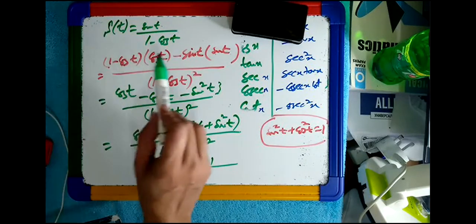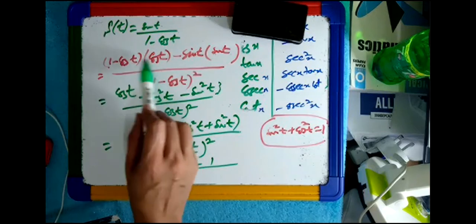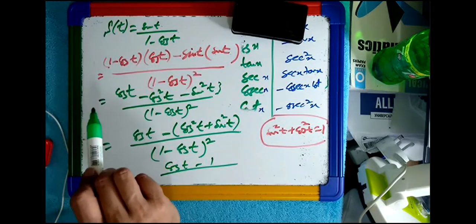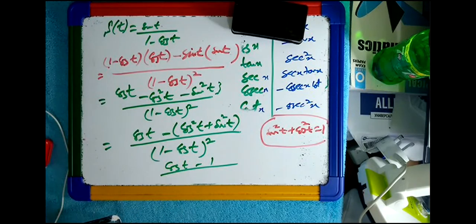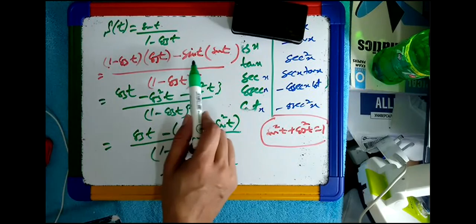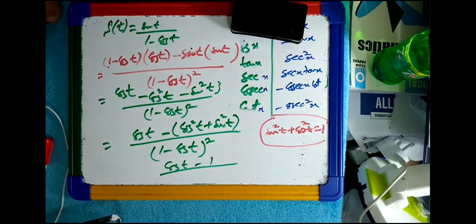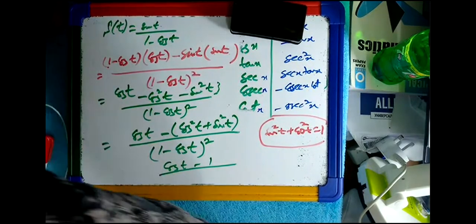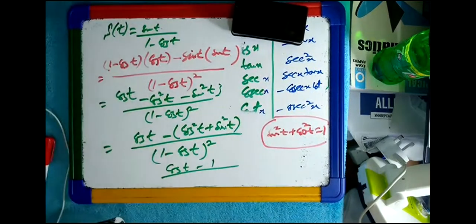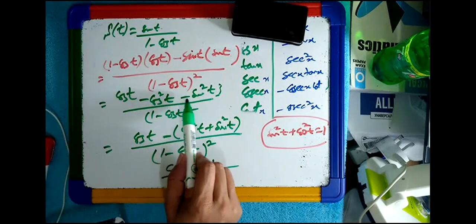Then plus minus minus cosine square t. Then next is minus sine square t. So the answer is cos t minus cos square t minus sine square t.